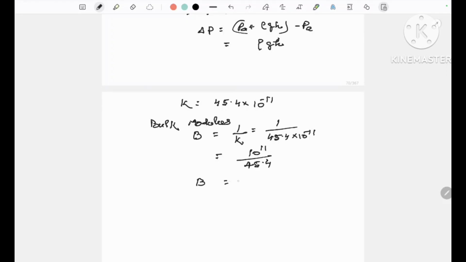B is equal to minus delta P by delta V upon V.